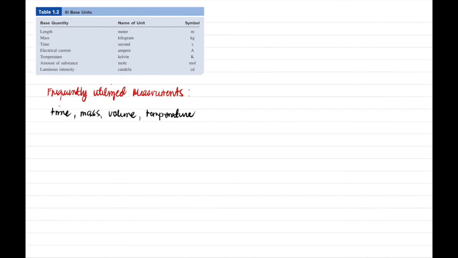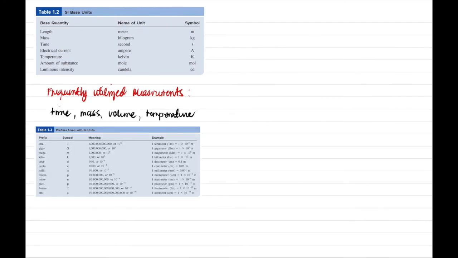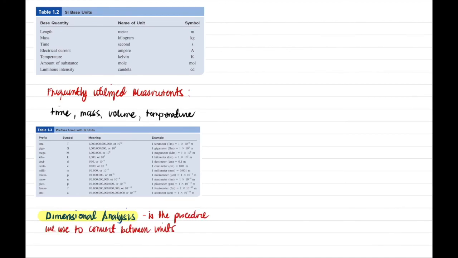Ipapakita ko rin sa inyo ang table ng mga prefixes na ginagamit sa SI units. This is useful especially when expressing too large or too small measurements. So mahalaga rin na dapat kabisado nyo ito. In relation to measurement, isa sa basic competency na dapat ay ma-master ng junior high school students ay ang dimensional analysis, which is defined as the procedure we use to convert between units.